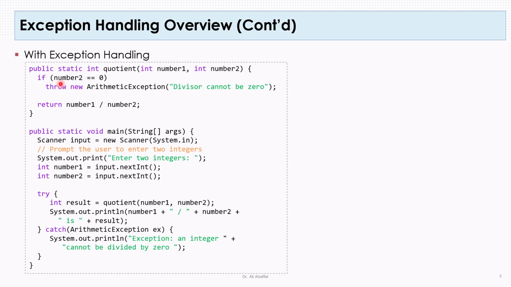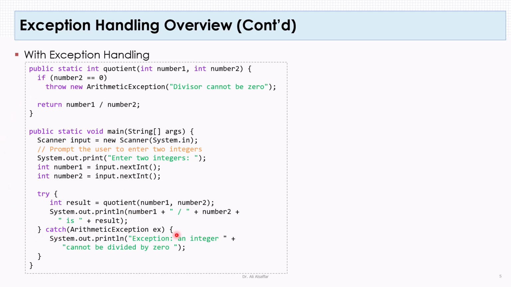Inside the quotient method, if number 2 is equal to 0, then the method will throw an exception. And if number 2 is not equal to 0, then it will skip throwing the exception and will return the result of number 1 divided by number 2, and when we return to try, it will print a message. However, if the quotient method throws an exception, then control will jump directly to the catch statement.